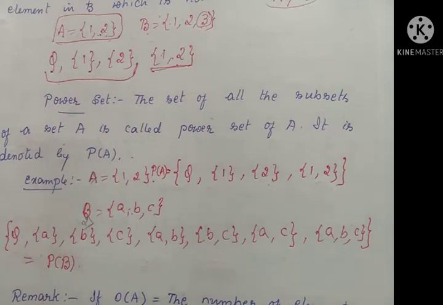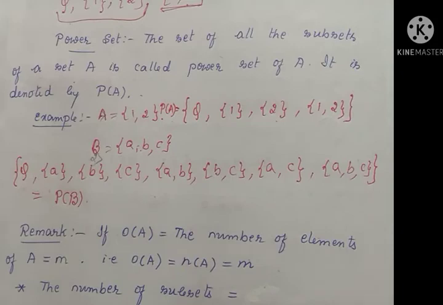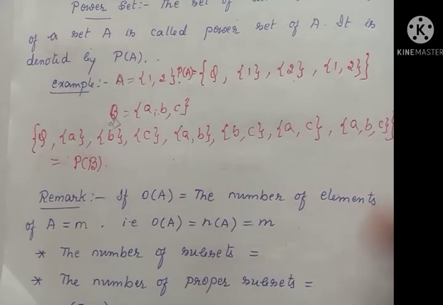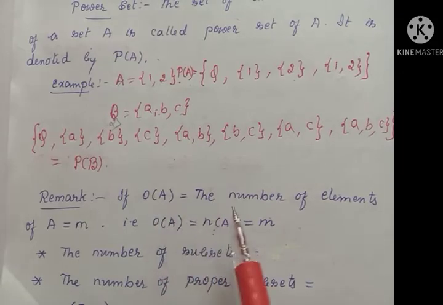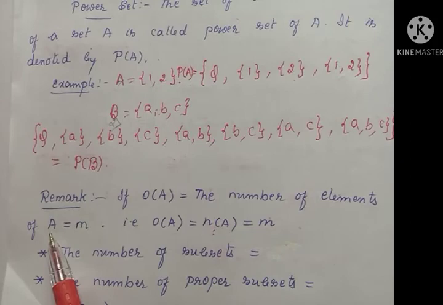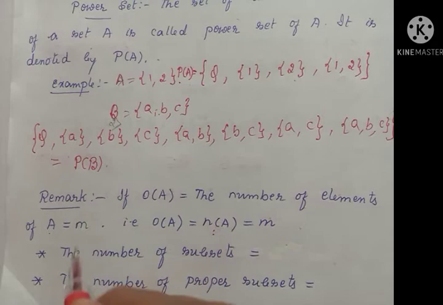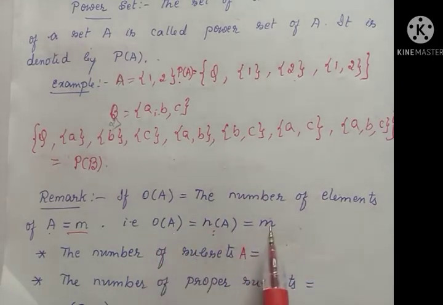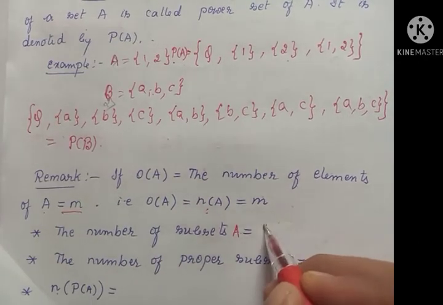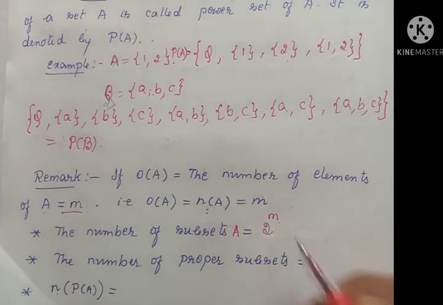Now, order of A or n(A). We can use both symbols here. This is nothing but the number of elements in the set A. If that is equal to m, then the number of subsets of the set A is 2 to the power m.